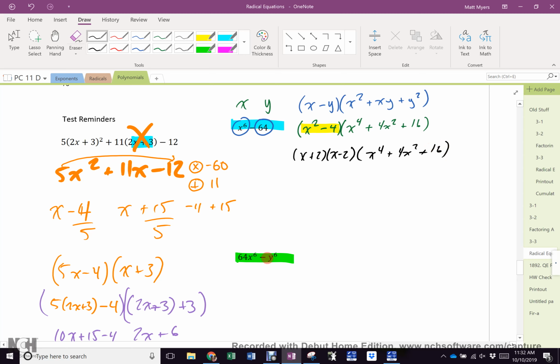Down here, it's the exact same thing, except I put the 64 over here and the y over here. So it is 4x squared minus y squared to get 16x to the fourth plus 4x squared y squared plus y to the fourth.